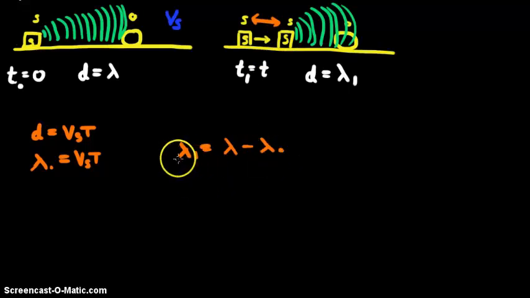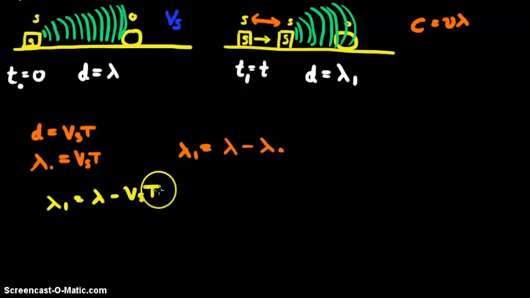Now we'll make it into a simpler form. Just for the case, c equals nu lambda, where nu is frequency, c is the velocity of light, and lambda is wavelength. So now we have lambda dash equals lambda minus Vs into t.